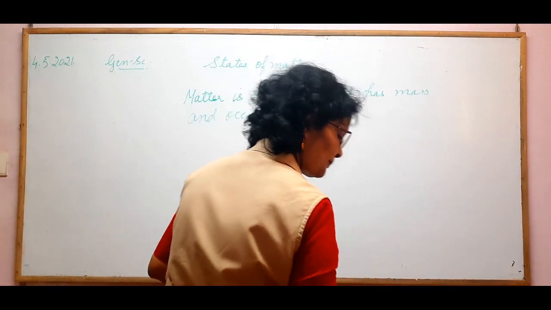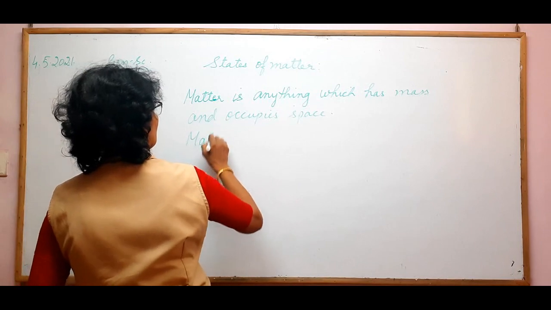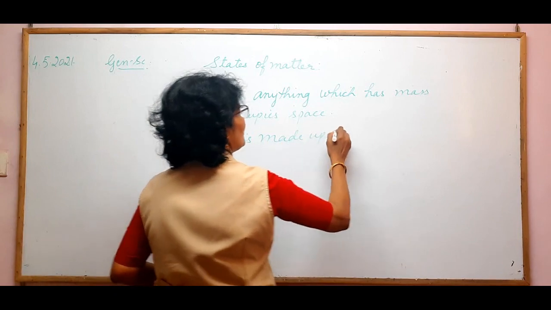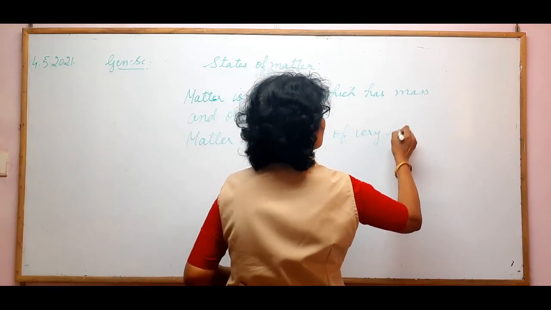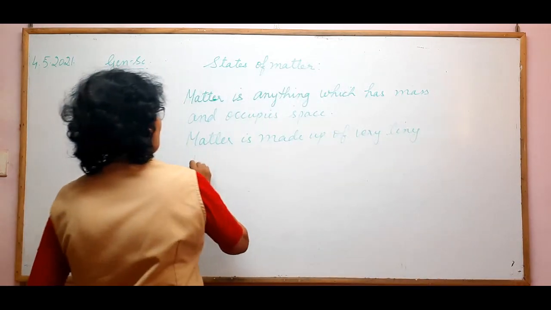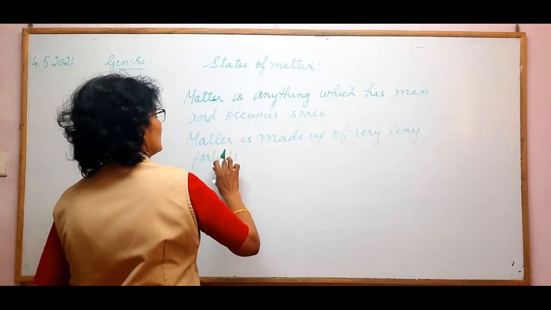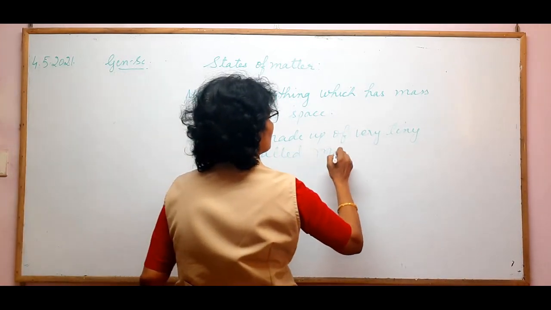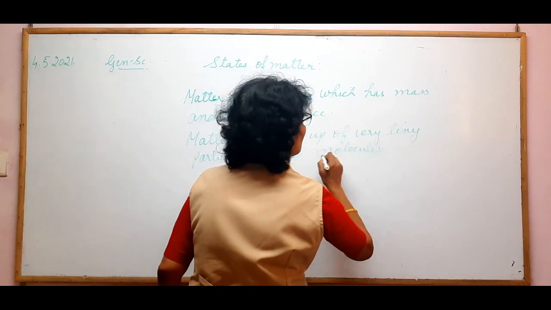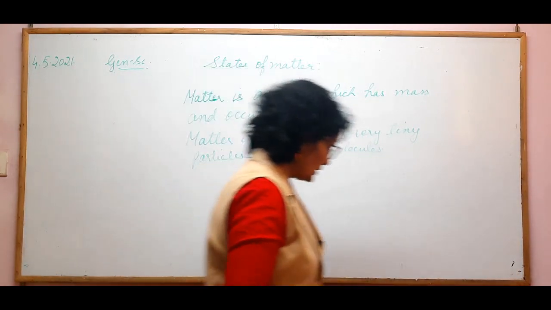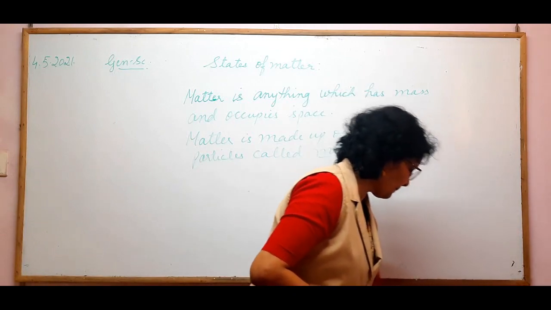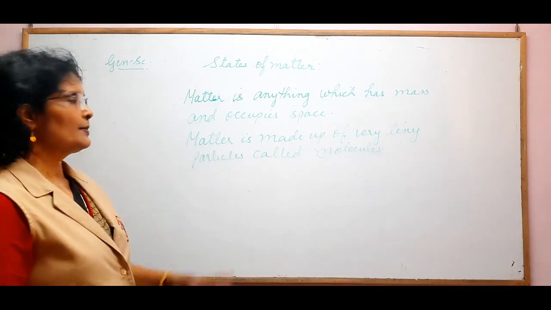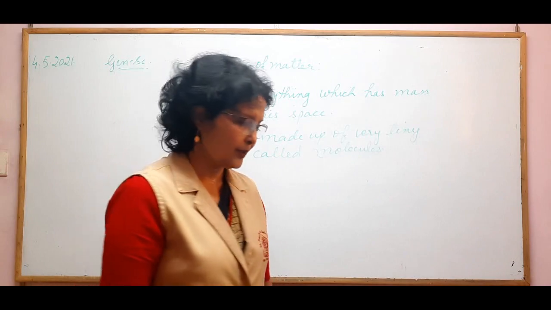All matter is made up of very tiny particles called molecules. Okay, molecules. So you should learn this also. What are molecules? Matter is made up of very tiny particles called molecules.